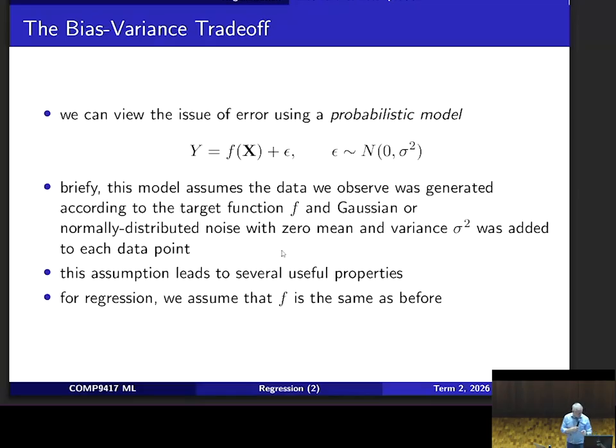So the data generating mechanism is we have a hidden target function and then a Gaussian or normally distributed noise with zero mean. So that means every value of the target function is generated according to f of x, and a little bit of noise, randomness, is added.